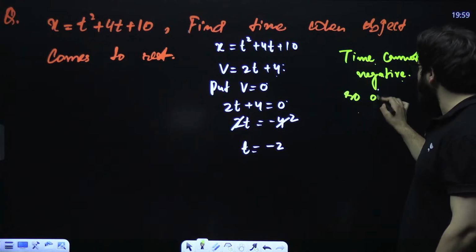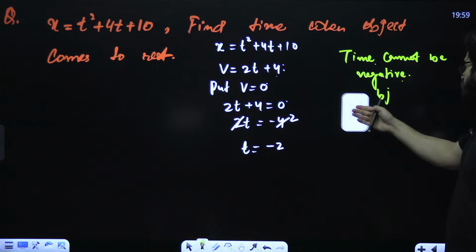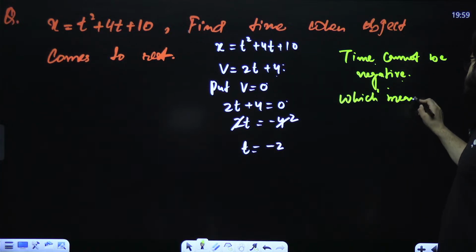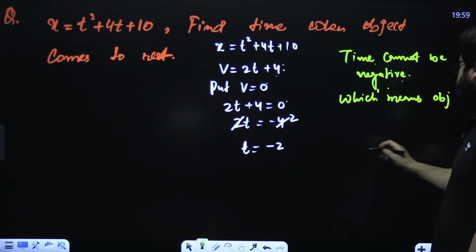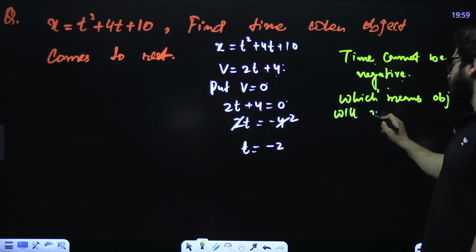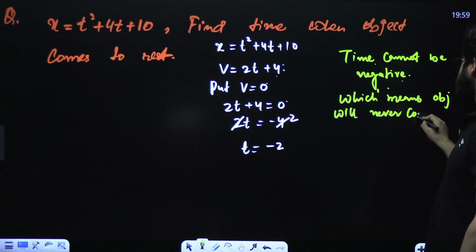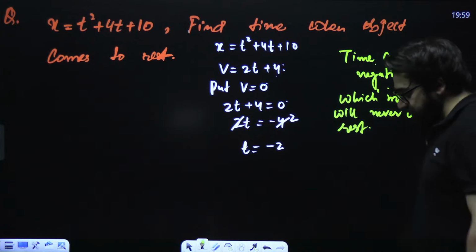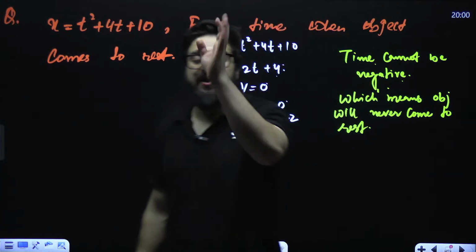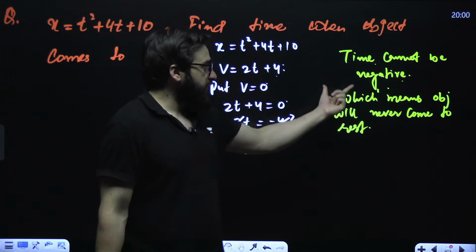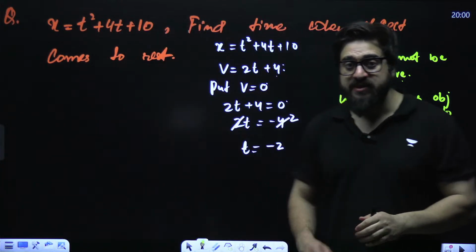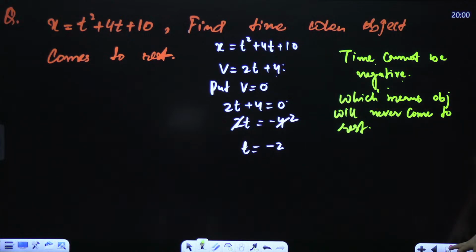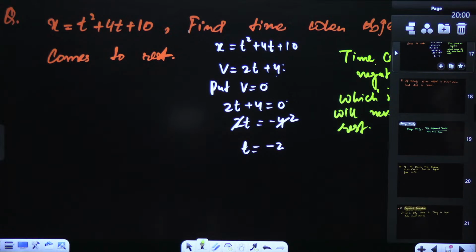So which means object will never ever come to rest. If value of time is coming out to be negative, that means object will keep on moving forever and it will never come to rest.